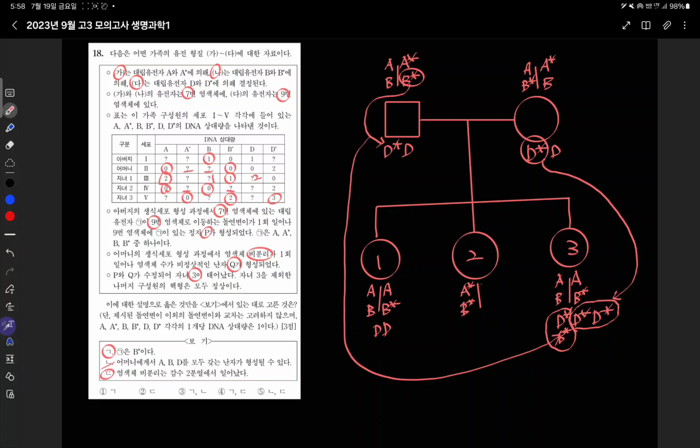And the third statement is right. This separation of chromosome occurred in meiosis 2. If it happened in meiosis 1, she will inherit both D and D asterisk allele. So child number 3 would have additional D allele instead of D asterisk. So the right choice is the fourth one.